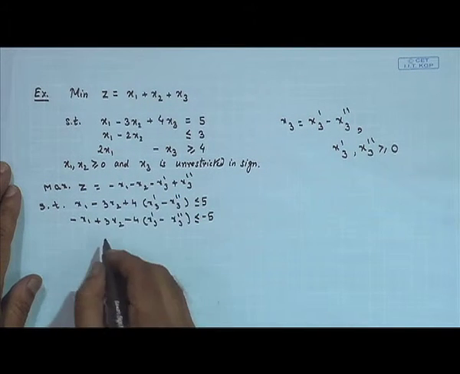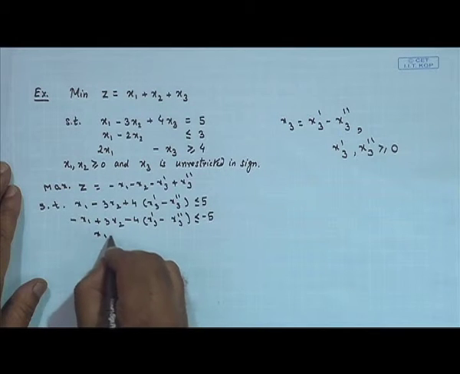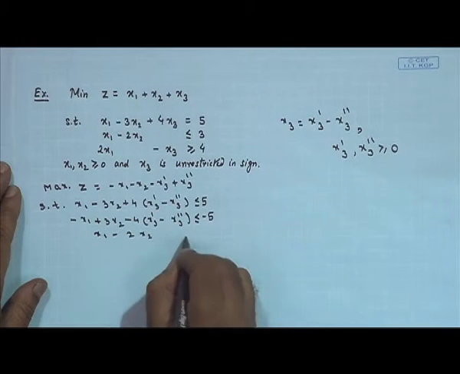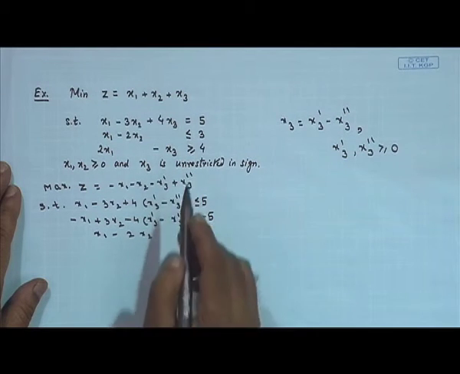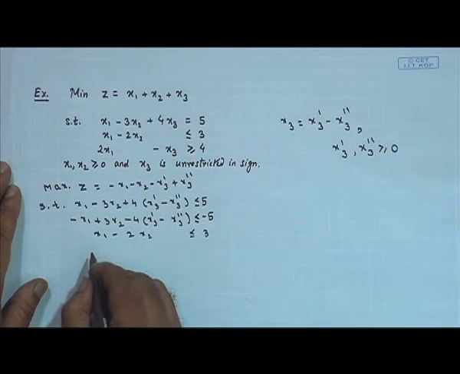The next one will remain as it is, x1 minus 2x2 less than or equal to 3, and this I have to change from the greater than or equal type into the less than or equal type.